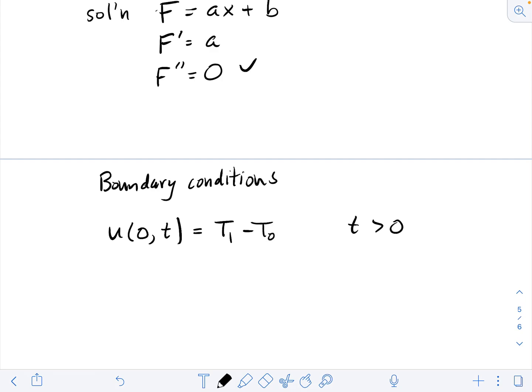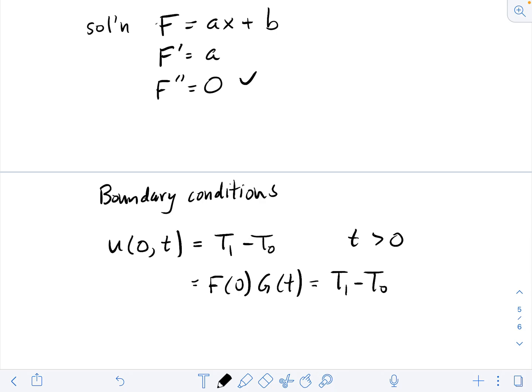This is for t greater than 0. So that means that f of 0 times g of t is equal to T1 minus T0. Okay, but f of 0, if we put x equals 0 into our solution, is just b. And so our boundary condition tells us that b times g of t is equal to T1 minus T0.